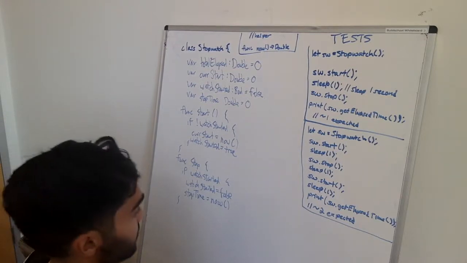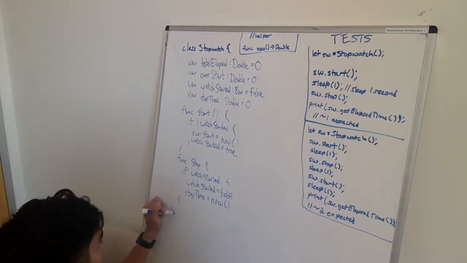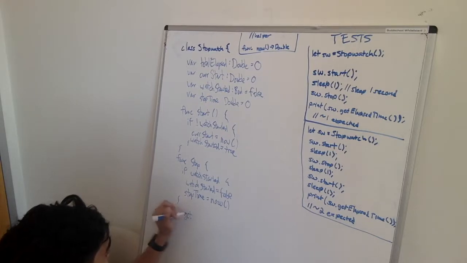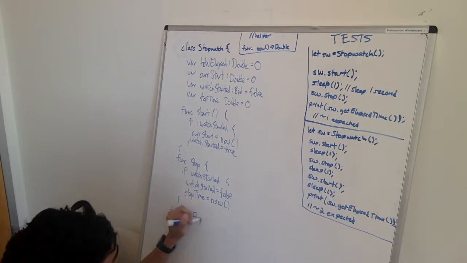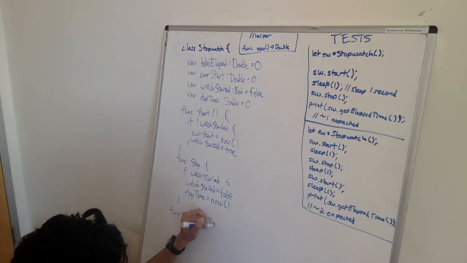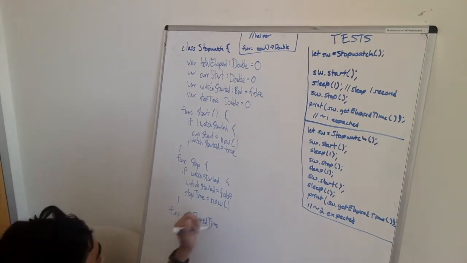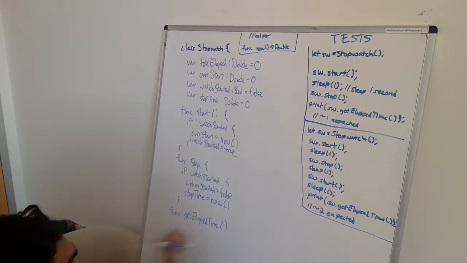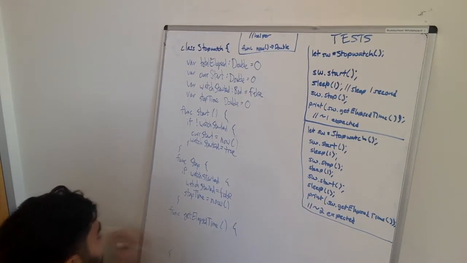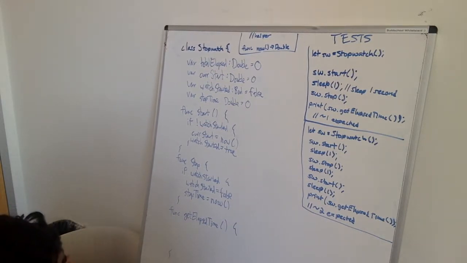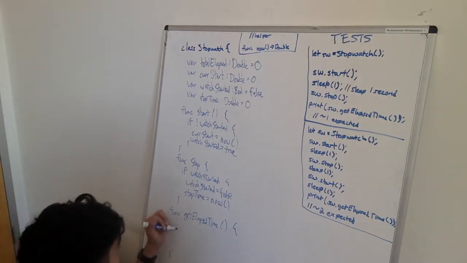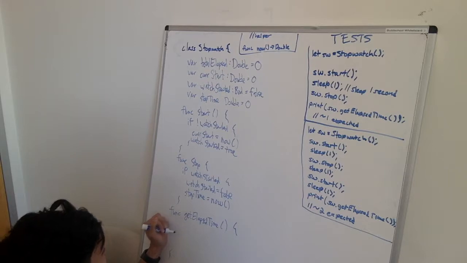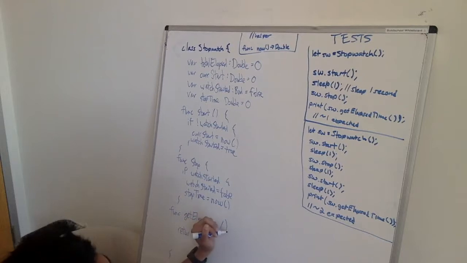Then we just need our get elapsed time, which will just take the stop time and the start time. So the stop time is going to be later. Wait, does this just print? It returns, right? It returns the value, yeah.